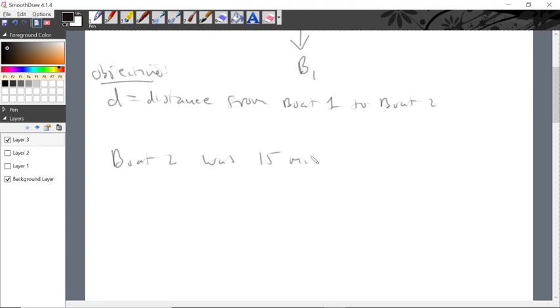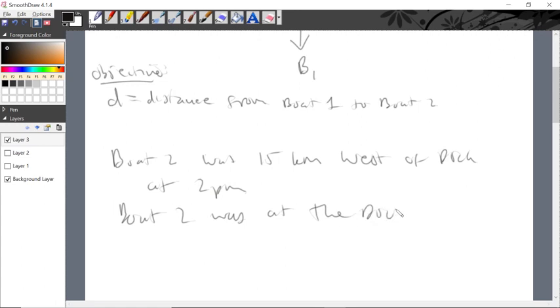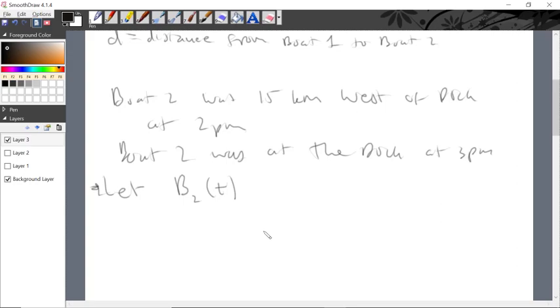So then I would say that boat 2 was starting 15, not miles, kilometers, 15 kilometers to the west of the dock at 2 p.m. But boat 2 was exactly at the dock when it hit 3 p.m. Let's let B2 of t be a function of time.